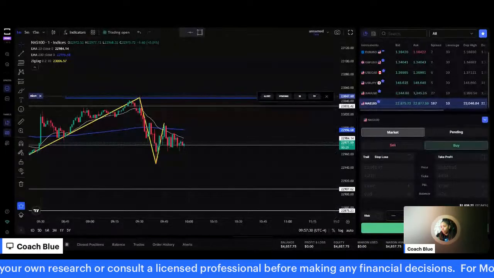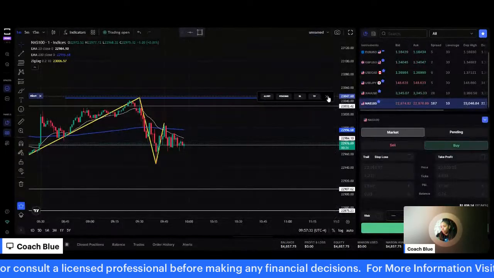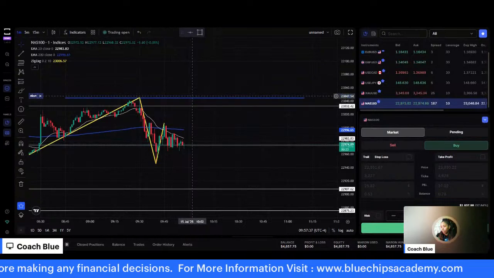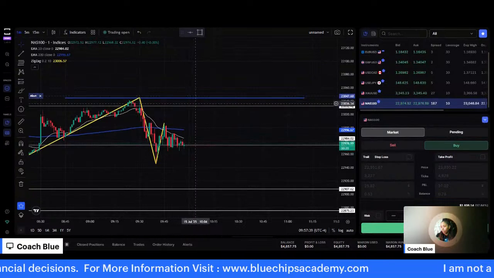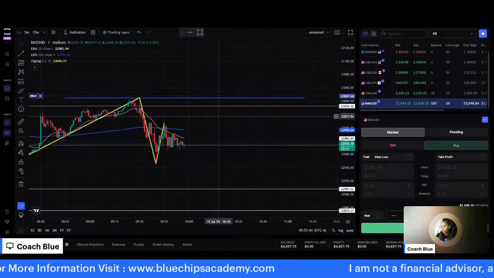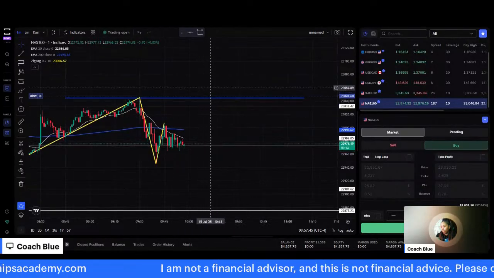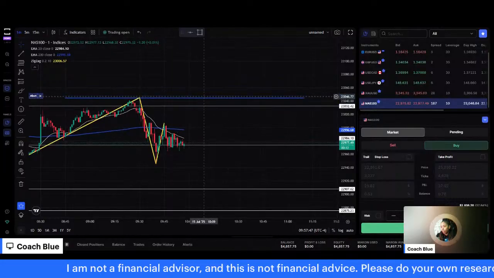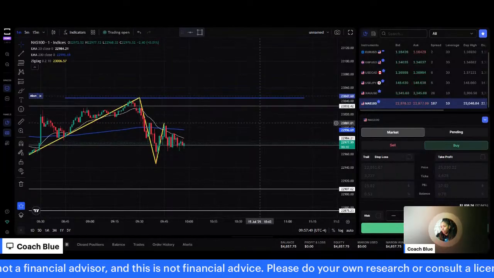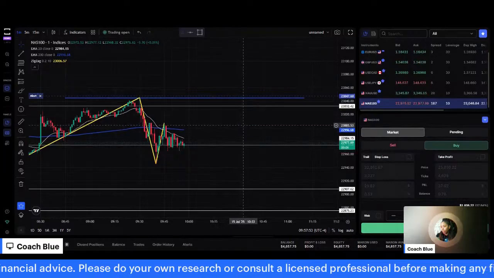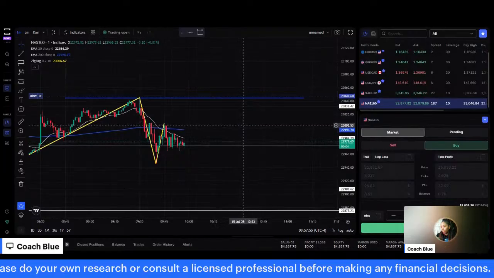Just click on the plus sign, and it's going to say alert, and you're going to click on alert. And what it's going to do is, when the candles cross this price level, it's going to send you an alert. Once you see that, you're going to say, oh, okay, this is a good entry. I see a BPC, or I see some type of confluence telling you that it's a good time to get in, period, because we ain't even got in yet.